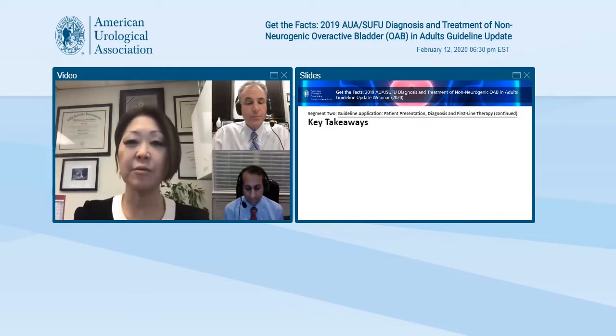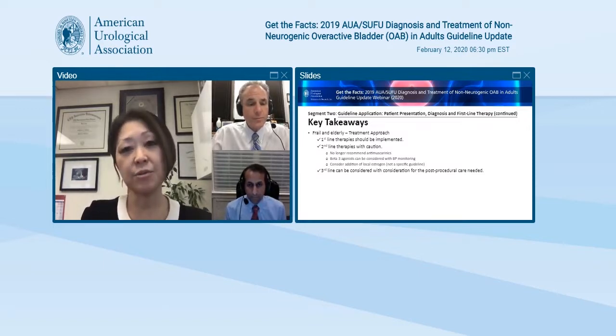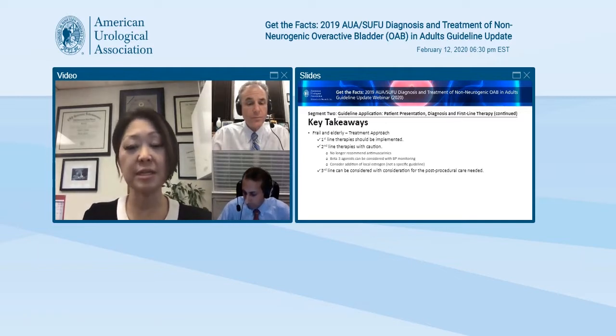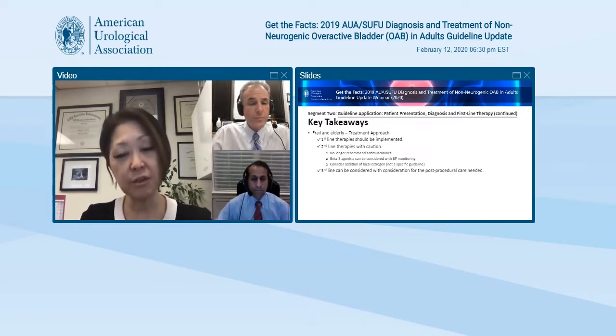I think, again, it's very important to really go over in detail the first-line therapies. They're very conservative. There's not a lot of potential for risk in the first-line therapies that we've just outlined. Now, as far as second-line therapies are concerned, which are the pharmacotherapy, antimuscarinics and beta-3 agonists, things have changed rather recently because we do know that there are potential risks associated with each of these.